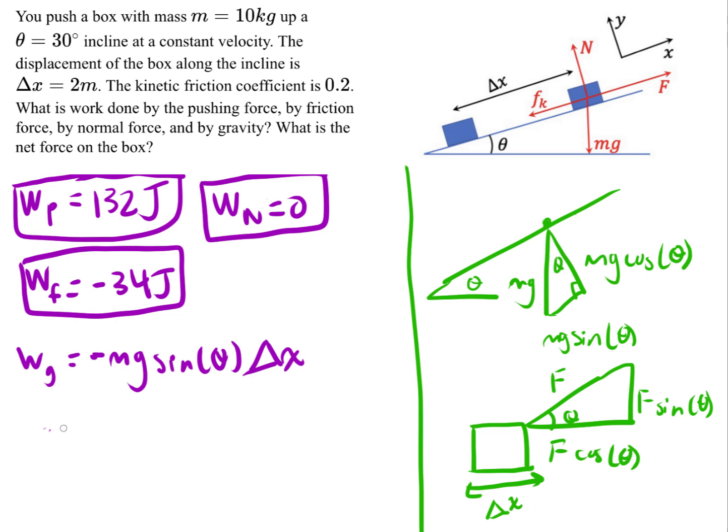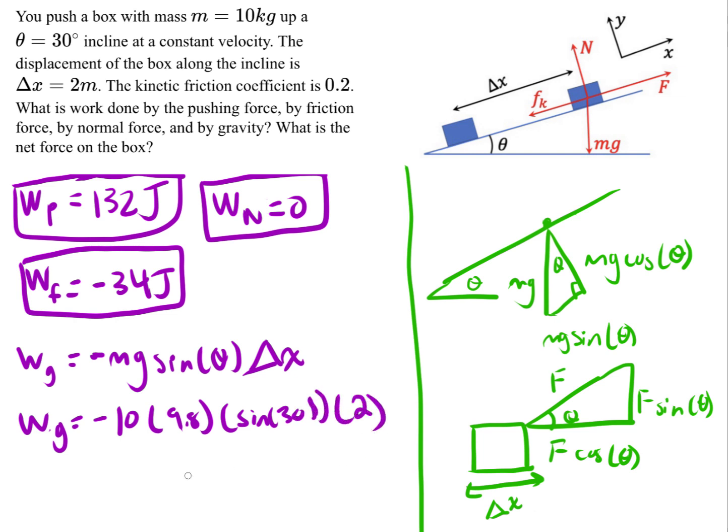And then now again we can plug everything in. The work done by gravity is minus the mass, which is 10 kilograms, times the gravity of 9.8, times the sine of 30 degrees, and then times the displacement of 2 meters. And now if you simplify everything, the work done by gravity is minus 98 joules.